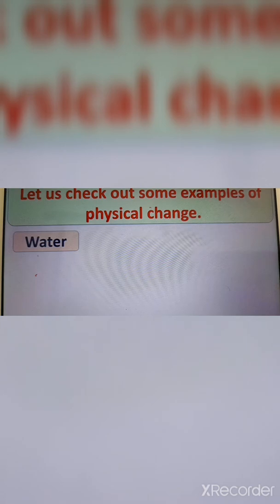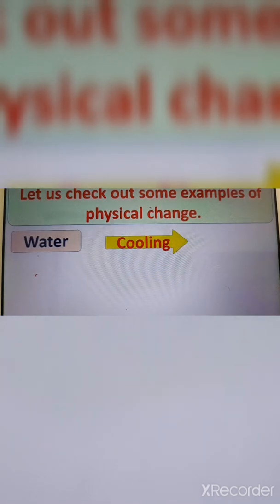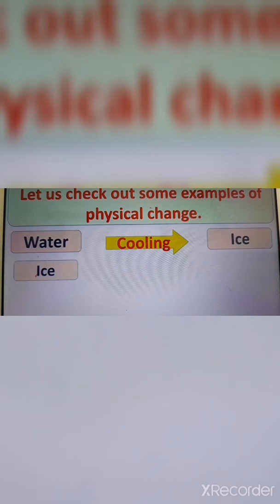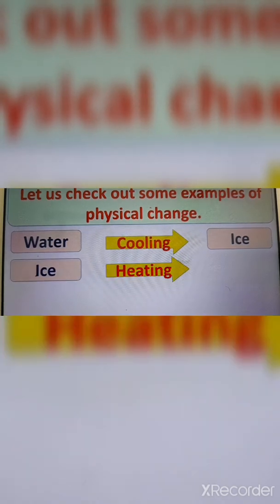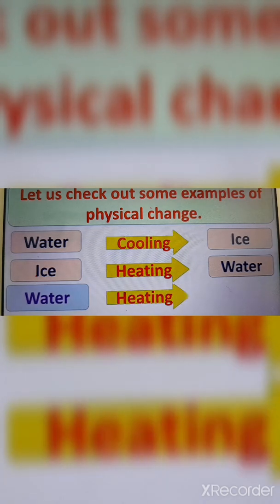Here we have water. When we cool water, it will become ice, right? So it's a physical change. And again, when we take ice and keep it at room temperature, and then heat the ice, it will become water, reverse. When we cool water, it will become ice, and when we heat ice, it will become water.